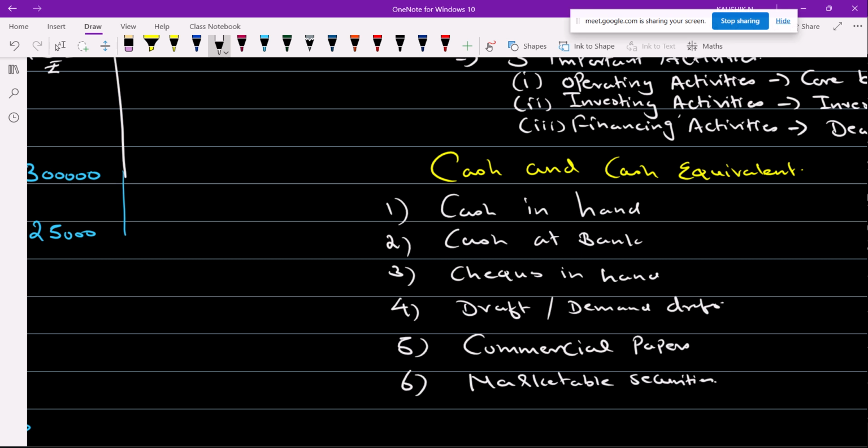The cheque has some money value, but you will realize the money in your hand only when you deposit the cheque in the bank, and the banker accepts and honors it.